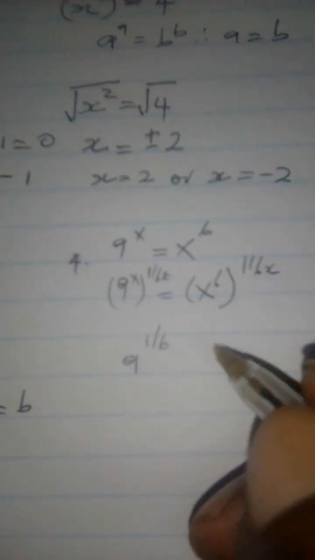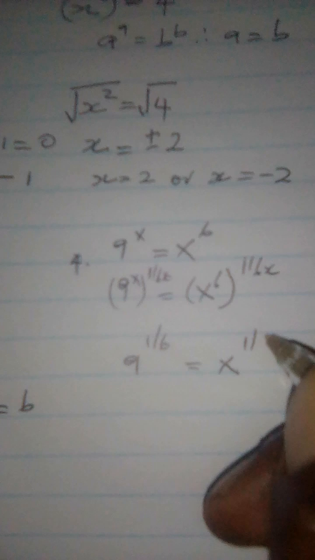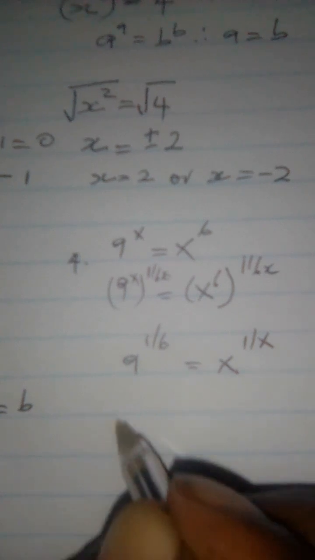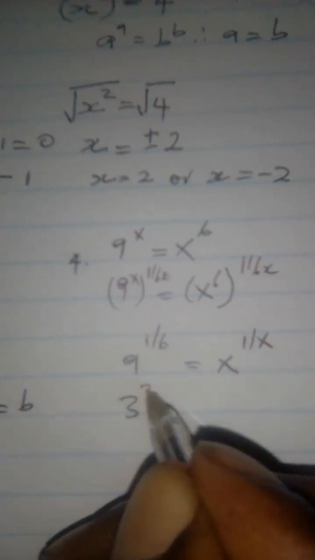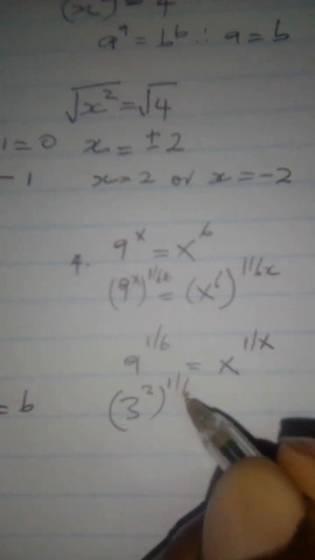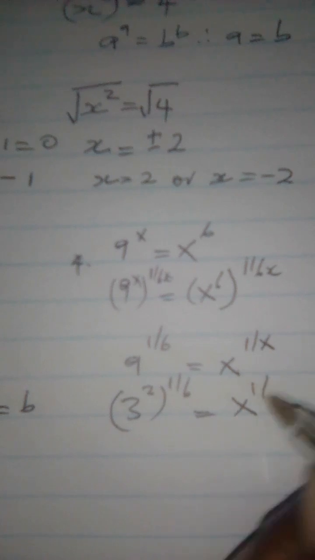And on the right hand side, I'll be left with x raised to 1 over x, because those ones are gonna cancel too. Now, 9 can be rewritten as 3 raised to 2. Then I still have 1 over 6, which is equal to x raised to 1 over x.